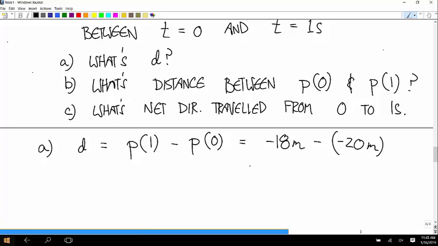And so the displacement is positive 2 meters. Even though both of those two positions are negative, even though this object stays on the negative side through this whole time interval, we have a positive value for the displacement.